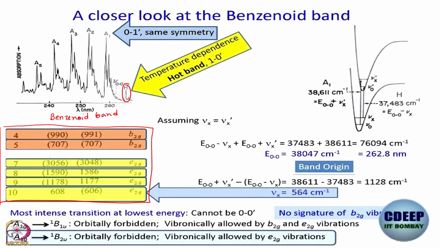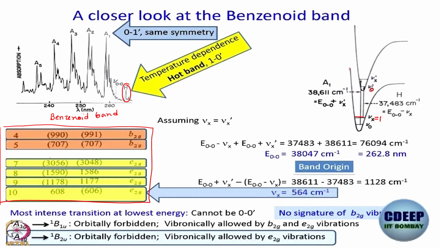And the hot band is also shown in this energy diagram. You can see that this is your first energy level, and this is your second energy level, and this is v equals 1, and this is v equals 0.